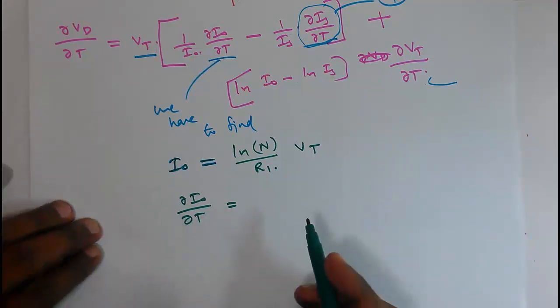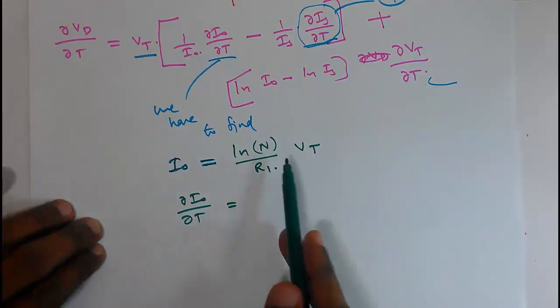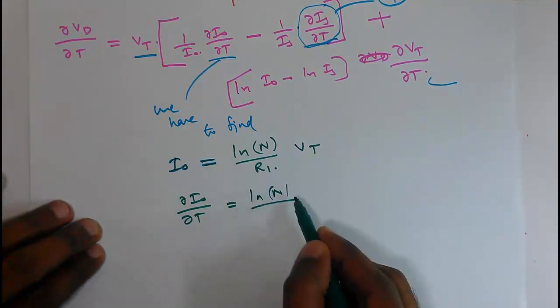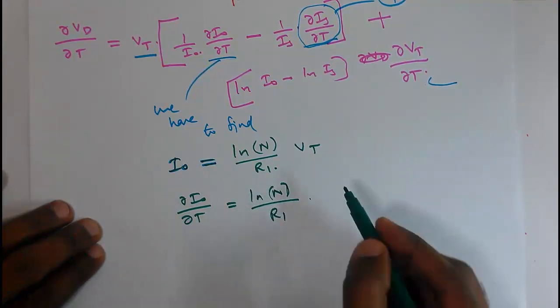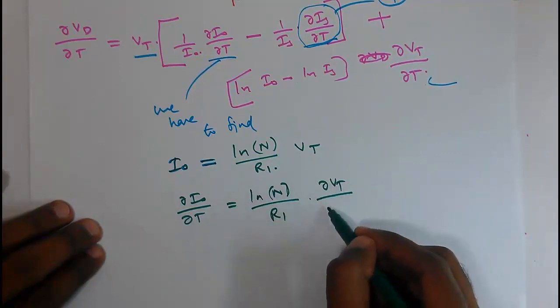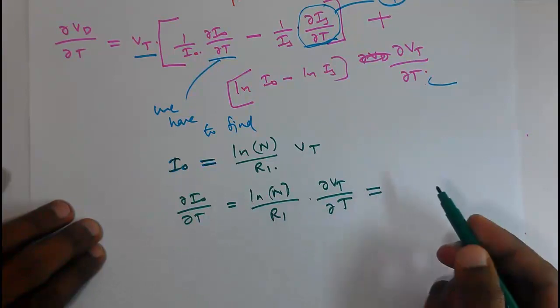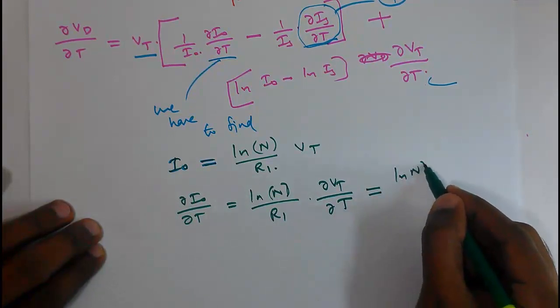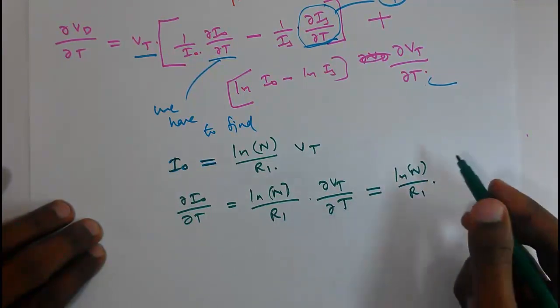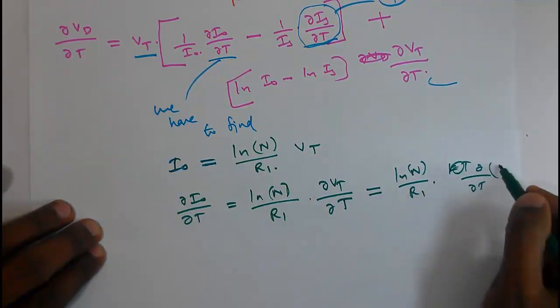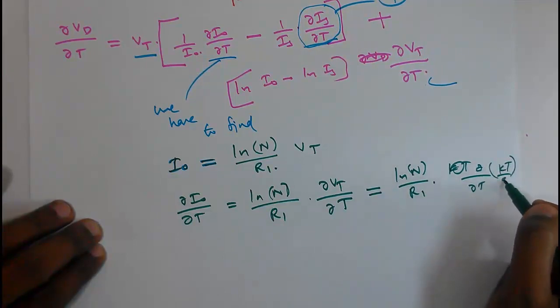So I am assuming R1 as a constant, and ln n is also a constant. So ln n divided by R1 into ∂Vt/∂t, which we know is ∂/∂t of Kt/Q.